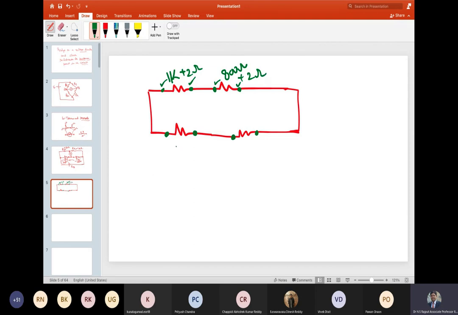Now suppose this one is 1 ohm, this one is also 1 ohm, added with plus 1 ohm, maybe say 0.5 ohm, 0.5 ohms. So what is happening is this is getting added. Since these values are getting added, this will create a difficulty for us.